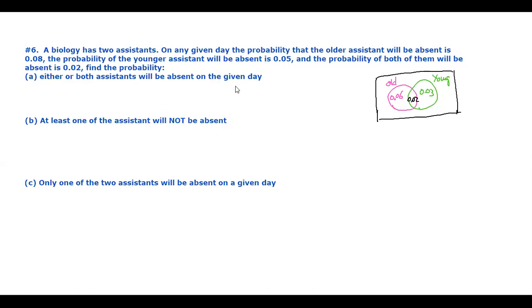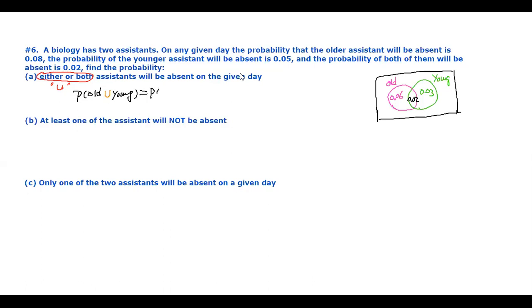Okay, now let's say either or both. As soon as you see these terms, you immediately know what I'm looking for: unions. So this is the probability that the older or the younger will be absent. Let's use the addition rule.